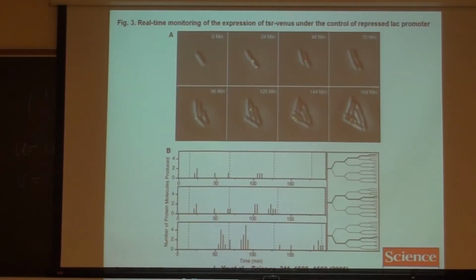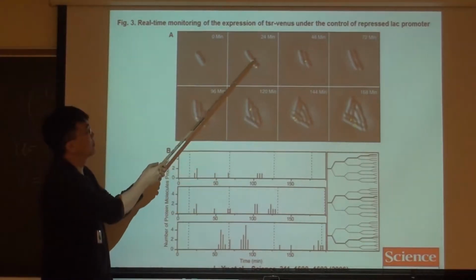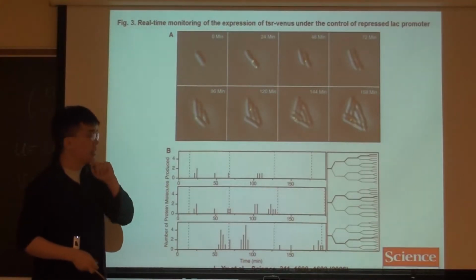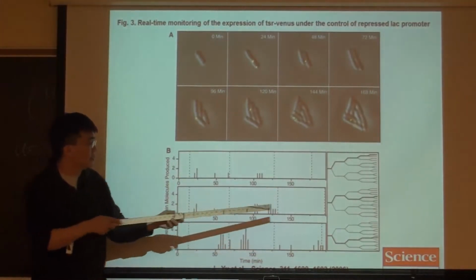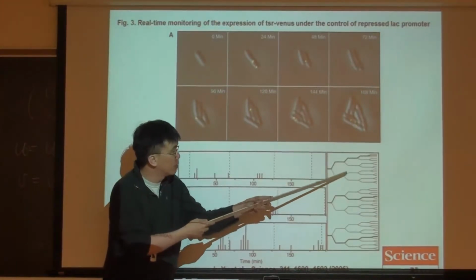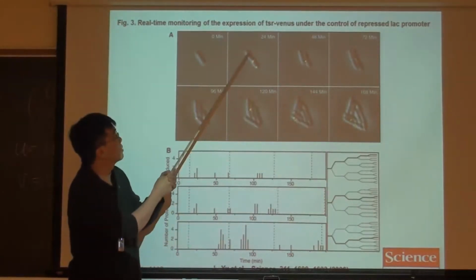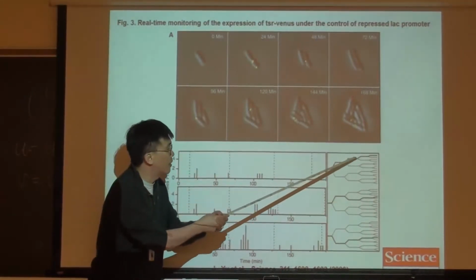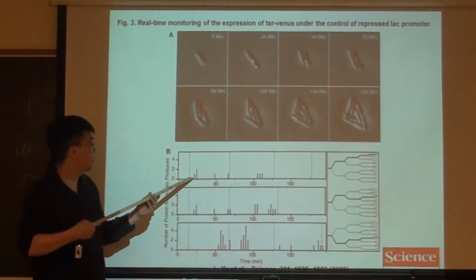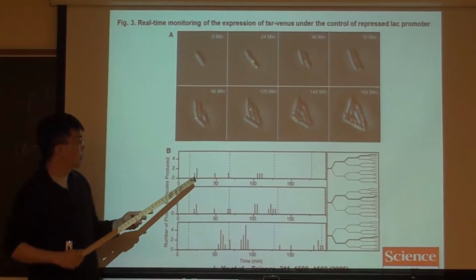Okay, so I showed you a movie. Cells divide, forming a colony, and then you see flashes of light. So that's presumably when a single protein is produced. And then you can actually form a lineage tree starting from one cell, divides into two, daughters and granddaughters and so on. And for each cell, you can trace which lineage it follows, and then for each lineage, you can plot every time you see a fluorescence signal.